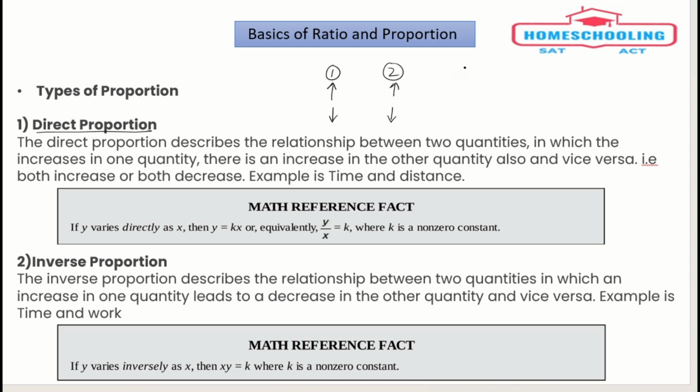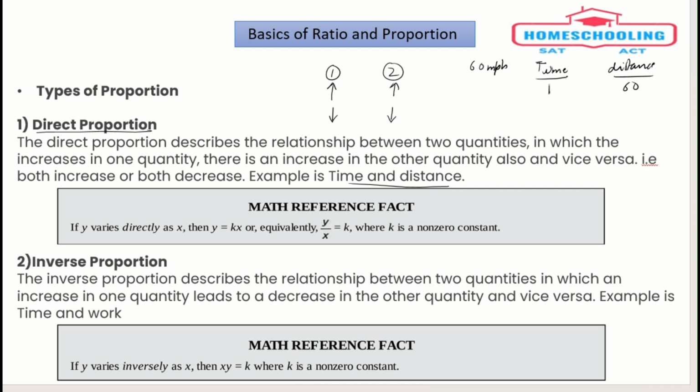Let's take an example for direct proportion, that is time and distance. Let's say a car is moving at a speed of 60 miles per hour. So in 1 hour it will cover 60 miles.